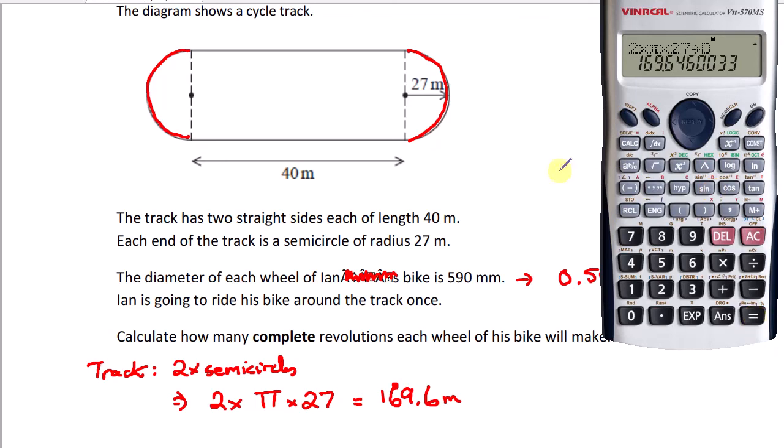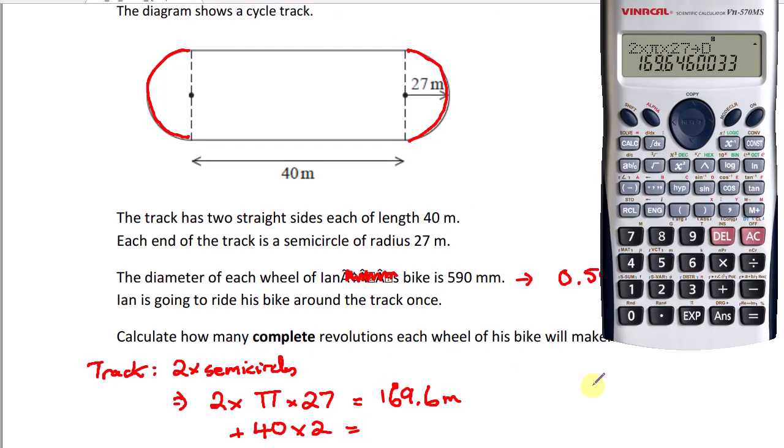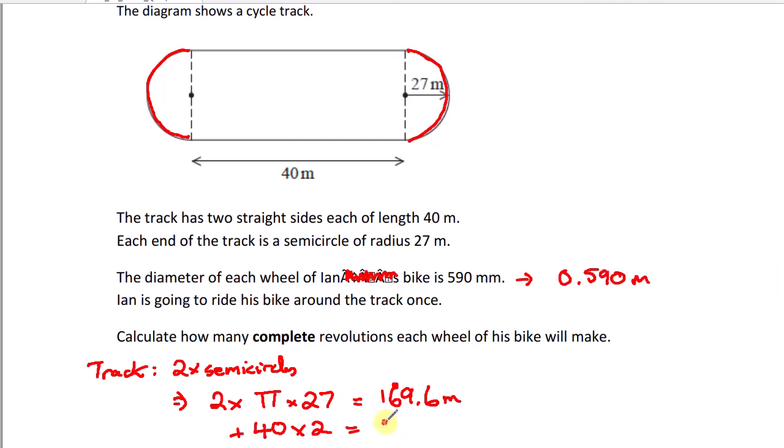Now to get the distance, I also need 2 lengths of 40. So I need to also add to that 40 times 2. So I'm going to add 2 times 40. Now it gives me 249.6. And I'm storing this in memory D. It's the distance of the track.